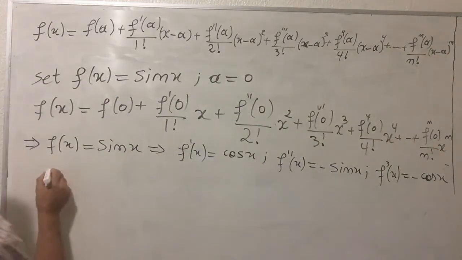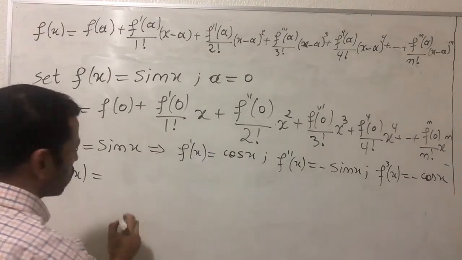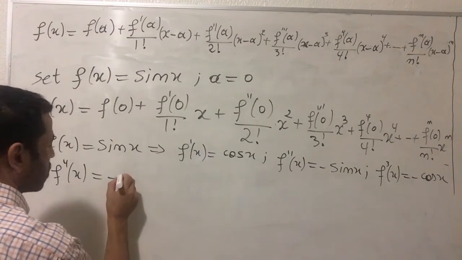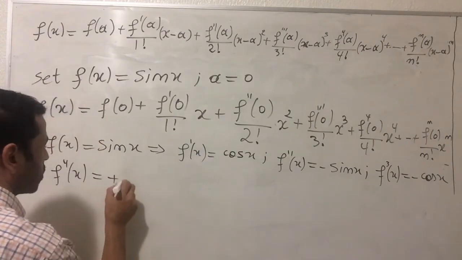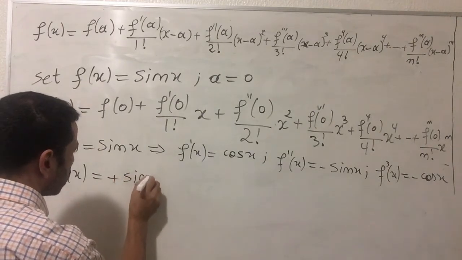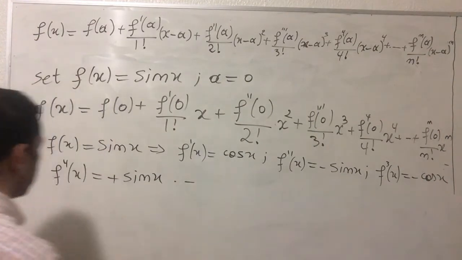The fourth derivative, the derivative of minus cosine x is minus minus sine x, so the minus becomes plus sine x, okay, and all the way down, okay.